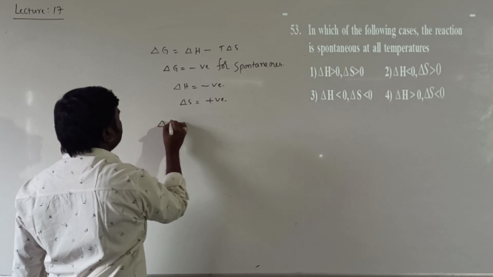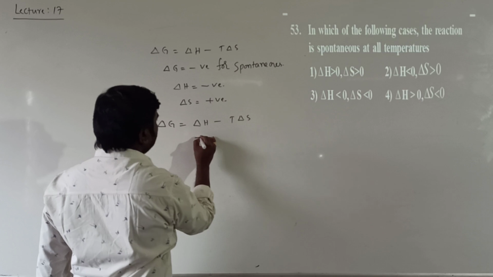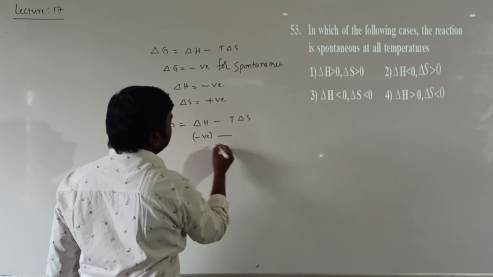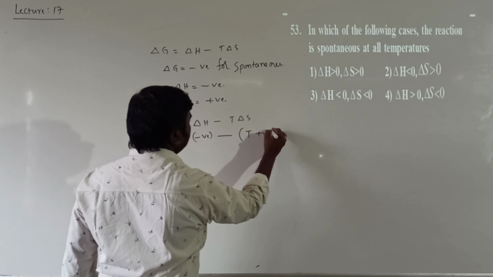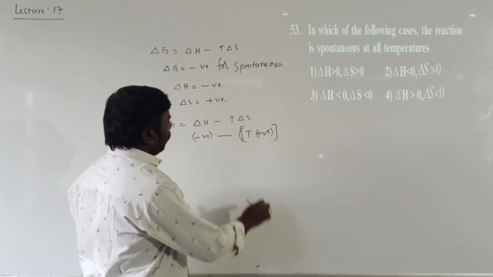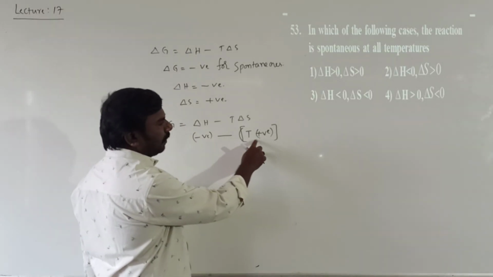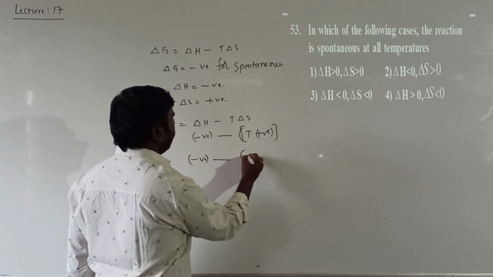When I substitute in delta G equal to delta H minus T delta S, minus T delta S is negative. Clear, students? Right?